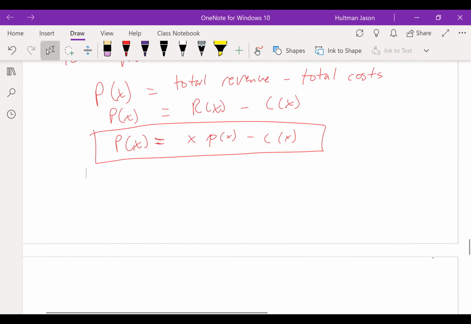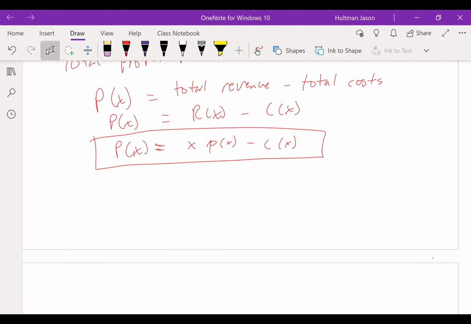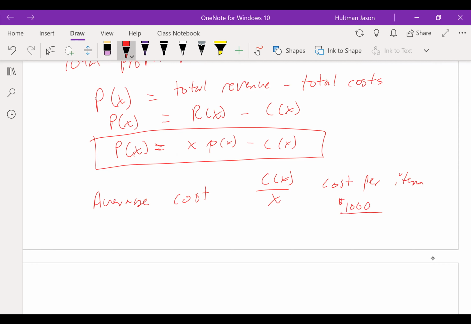Let's talk about average cost, revenue, and profit. Average cost we say is C of X over X. It's the cost per item. It's the total cost over the number of items. So say it cost me $1,000 to make 100 items. That means it's $10 per item as my average cost.